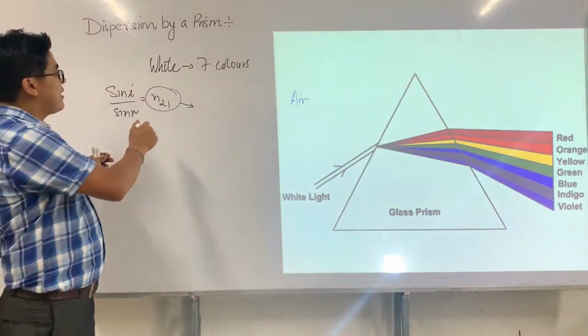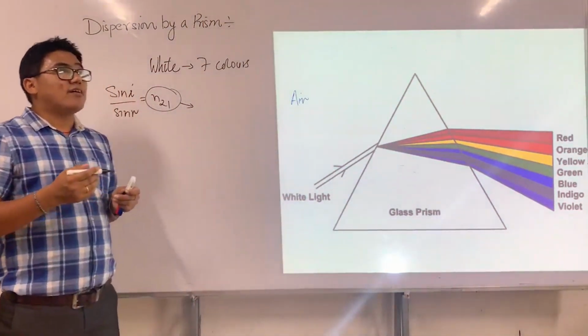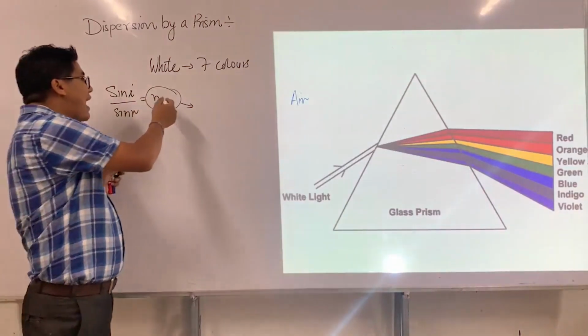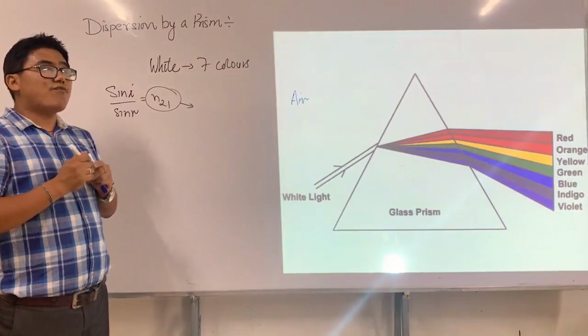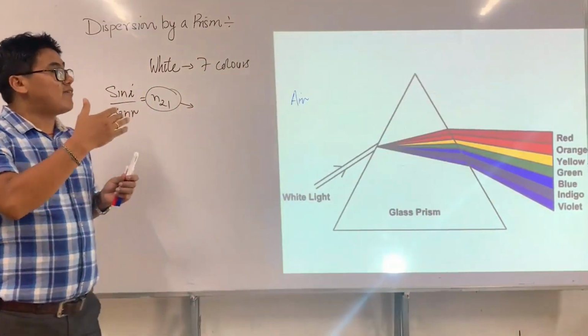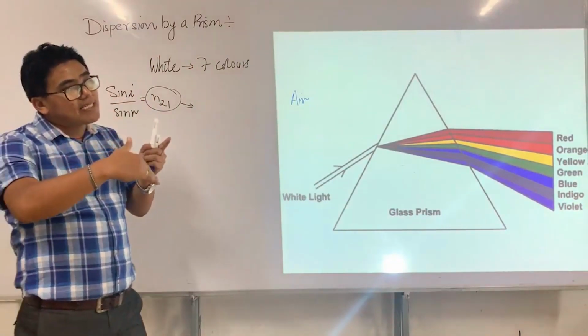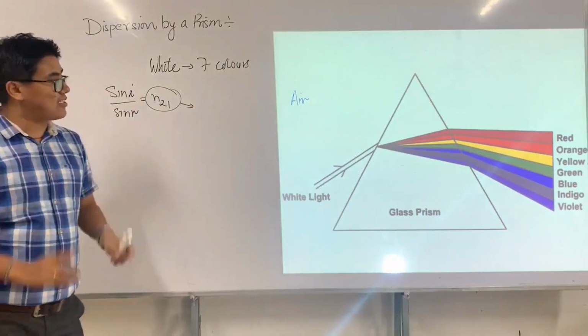Again, I am repeating: different wavelengths of light have different refractive indices. If there is a different refractive index, the bending would be different. If the refractive index is more, bending is more. If the refractive index is less, bending is less.